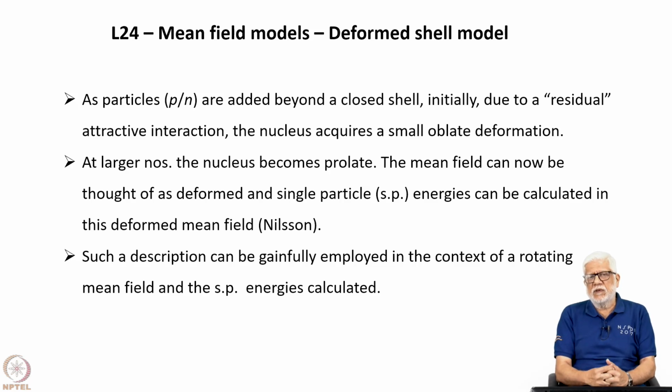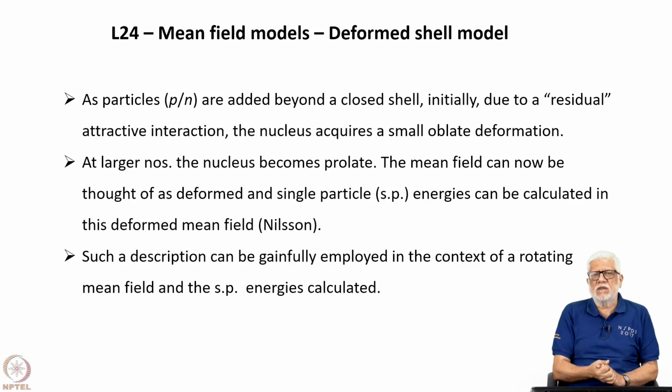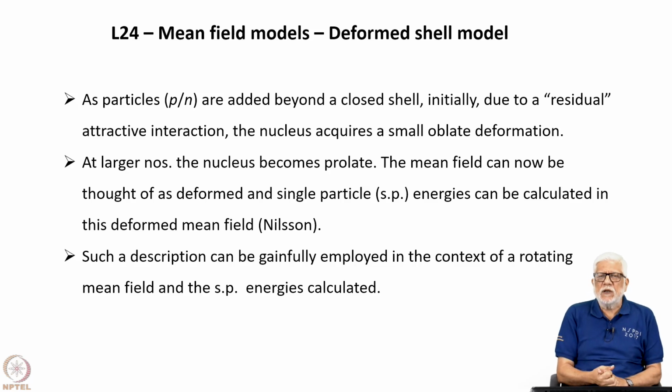If you do perturbation theory, you will get components which are huge in number. So, it becomes more economical to change the mean field itself and think of it as being a deformed mean field, and then calculate the single particle energies of particles in that mean field.